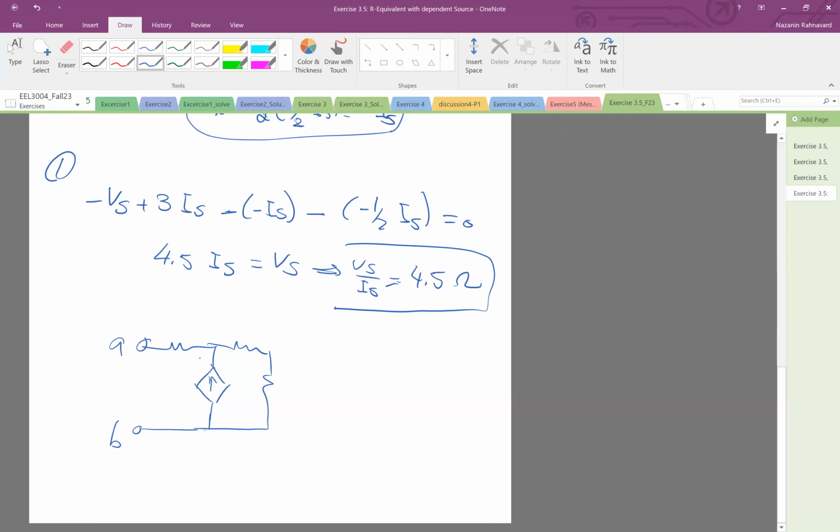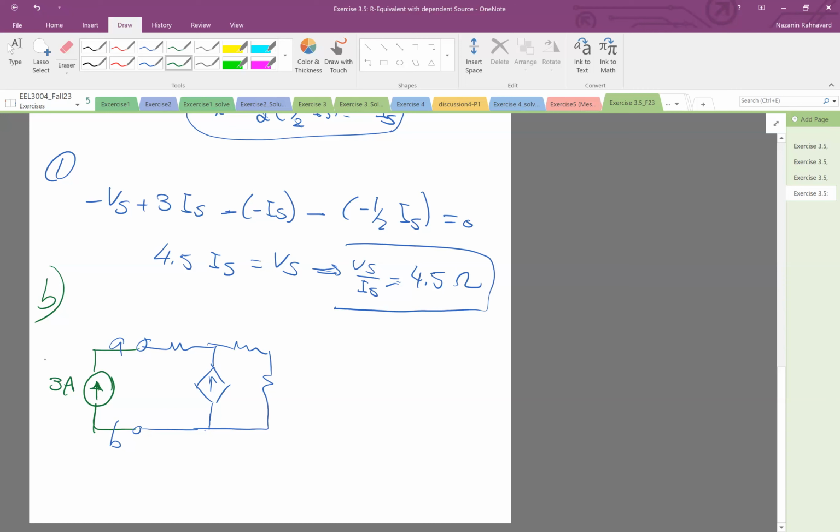Okay, now let's say somebody says for part B, I'm just creating part B right now. Somebody says, okay, you know what? We connect these, let's say, even to another source. It might be a current source or voltage source. Let's say, for example, 3 amp.